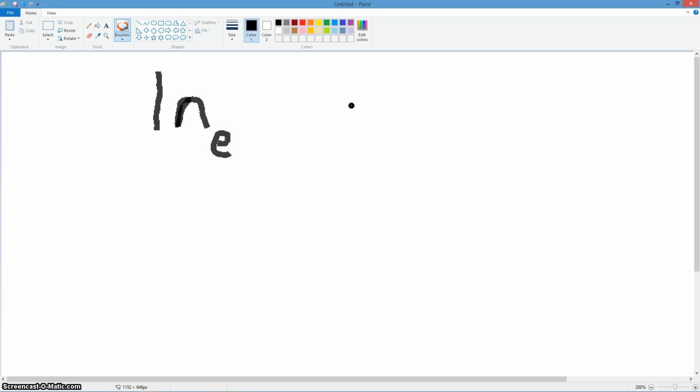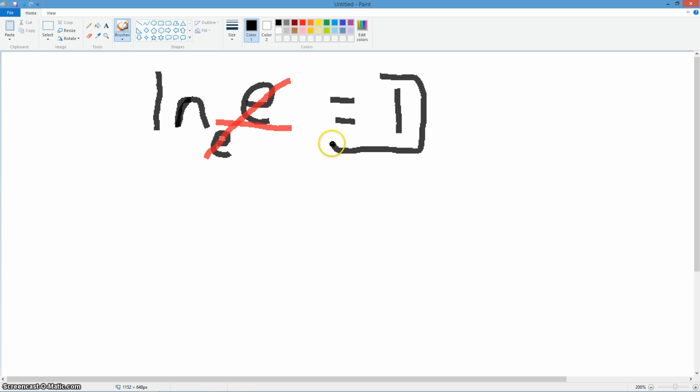Now, if I have the natural log of e, base e, let's apply the log property from before. It's as if these two cancel out. Again, if you have to have a division sign in between those, it's like saying e over e, and that is going to leave you with just 1. So this is why the natural log of e is 1. Very important.